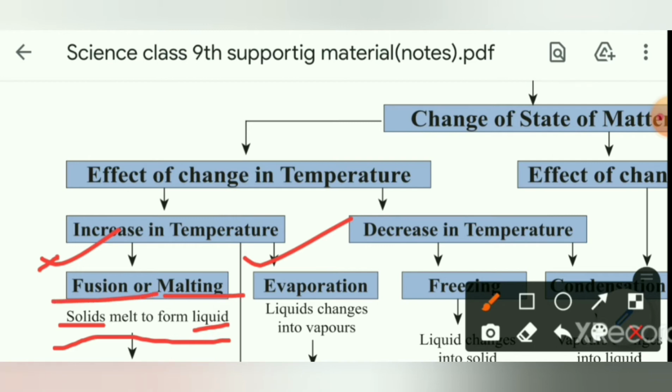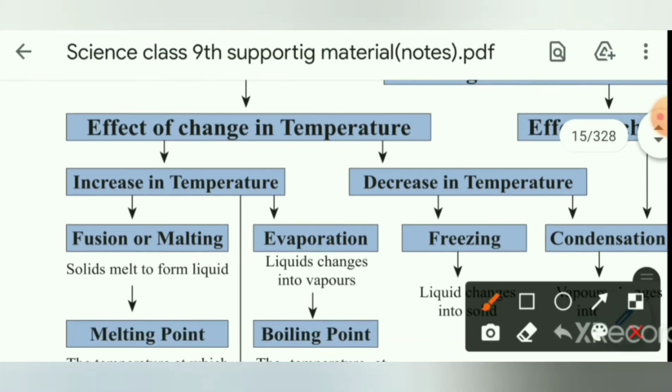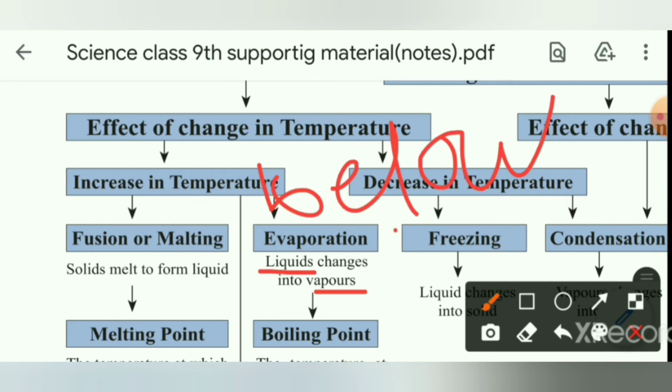Next is evaporation. What is evaporation? The phenomenon of change of a liquid into vapor at any temperature below its boiling point is known as evaporation.